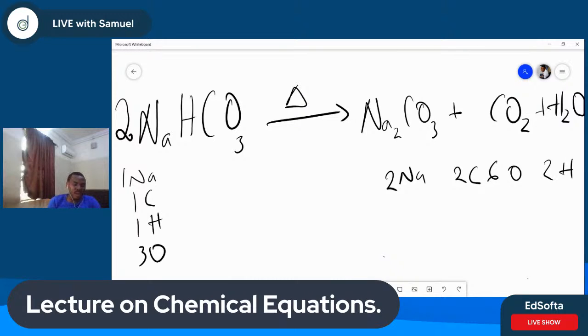If you are told that sodium trioxocarbonate reacts with HCl, hydrogen chloride, to give sodium chloride plus carbon dioxide plus water, and you don't know the formulas of each one, it will be difficult for you to even write the equation, talk less of balancing it. So your IUPAC naming is important.